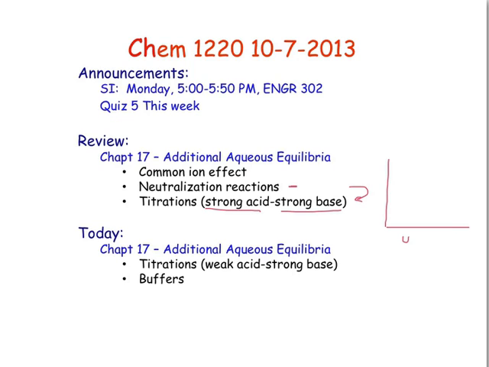So this is the volume of NaOH added, and this is the pH over here. And so let's say that the pH in the middle is pH 7. So if we're starting with a strong acid and we're adding in a strong base, where would the pH start? Would it be a low pH or a high pH? Low, because we're starting with an acid and we're adding base to it.